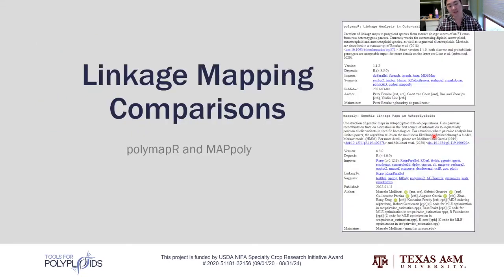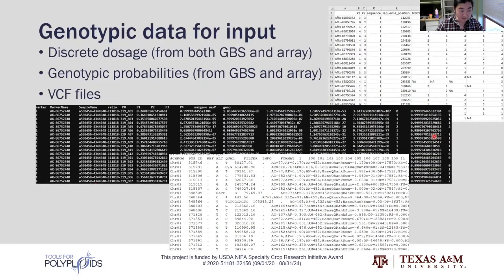So looking first at the linkage mapping comparisons. For both software, they both can take discrete dosages and genotypic probabilities, and you can get those as discussed earlier today in the other talks. You can get that from GBS or from array.